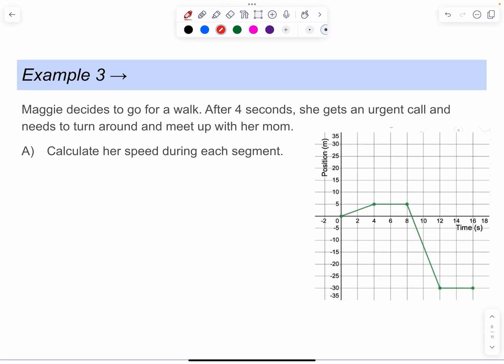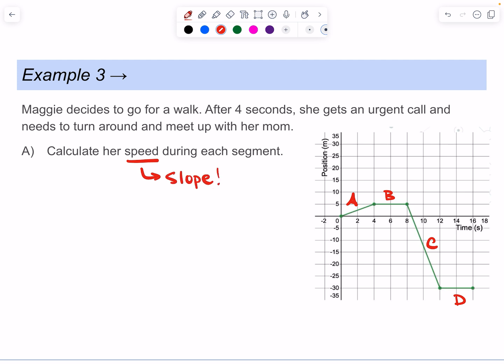Let's do something with numbers. Maggie decides to go for a walk. After 4 seconds, she gets an urgent call and needs to turn around and meet up with her mom. So calculate her speed during each segment. Let's call this segment A, segment B, segment C, and segment D. So if it's a position time graph and I'm looking for her speed, that means I'm looking at the slope.